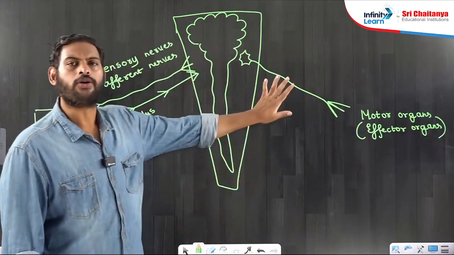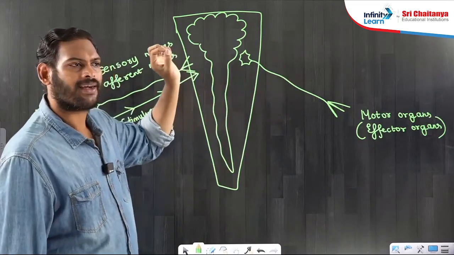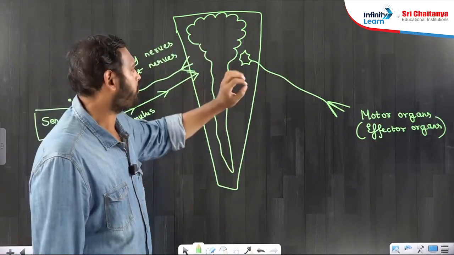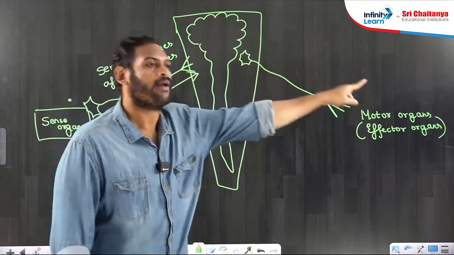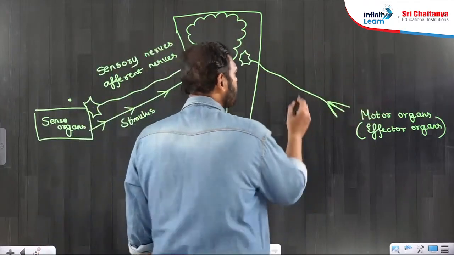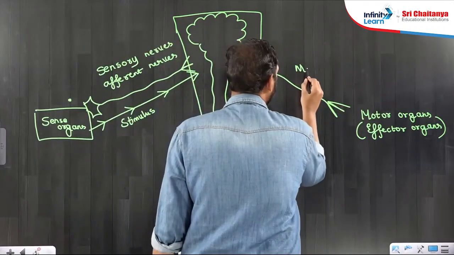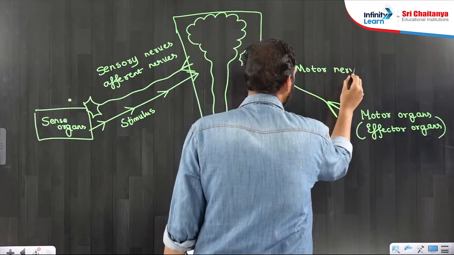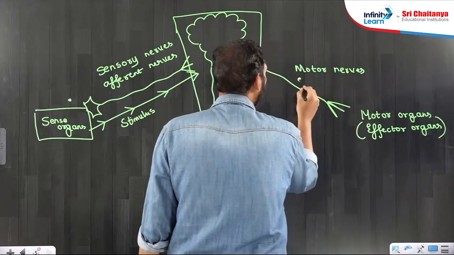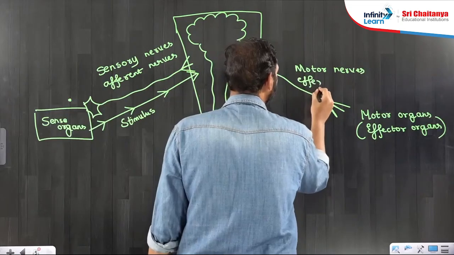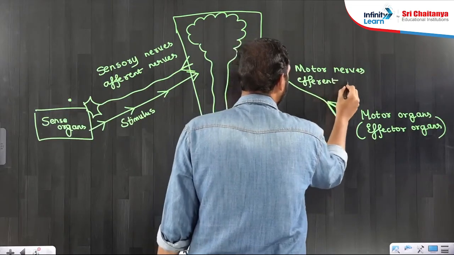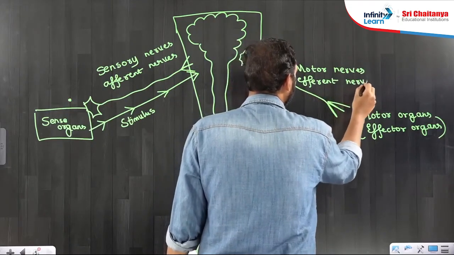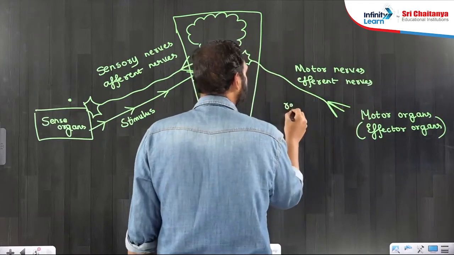So those neurons and nerves which carry impulse from the CNS to organs, we refer to them as motor neurons or motor nerves or efferent neurons, efferent nerves. They carry responses, reaction.